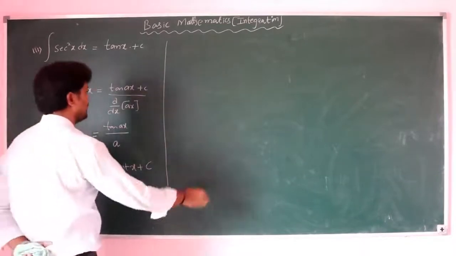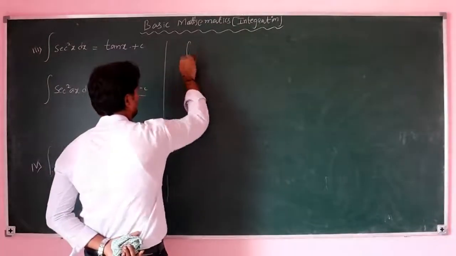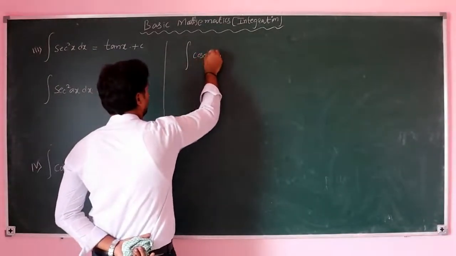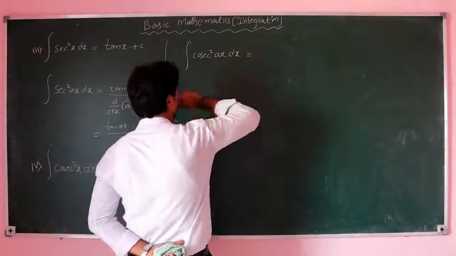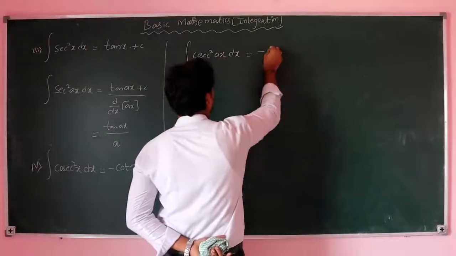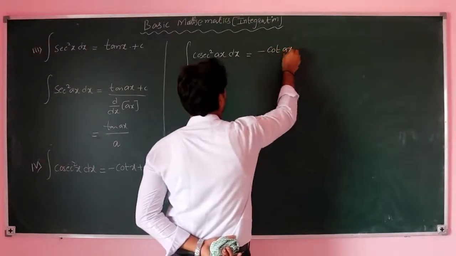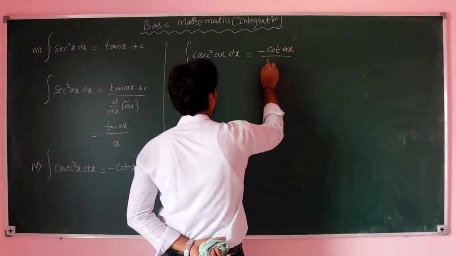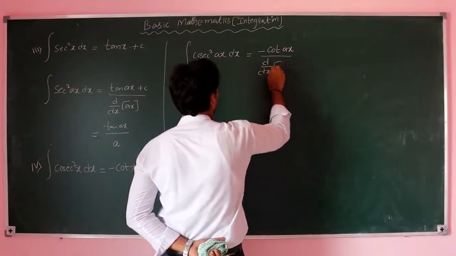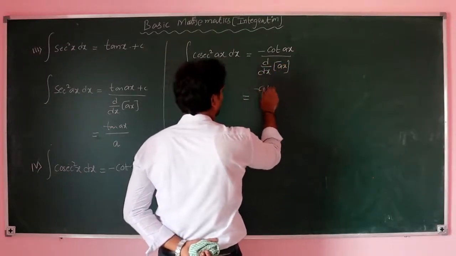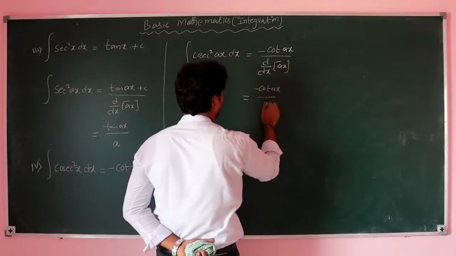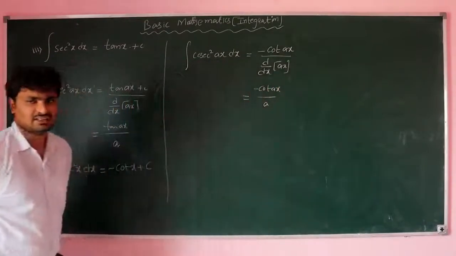This is the fourth. In the fourth only, integral cosecant square ax dx. Cosecant square ax gives minus cot ax upon d by dx of ax. D by dx of ax means a. So minus cot ax upon a.